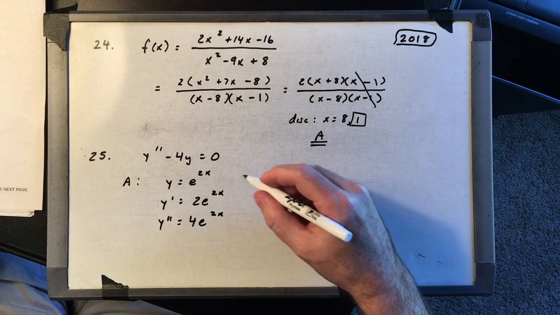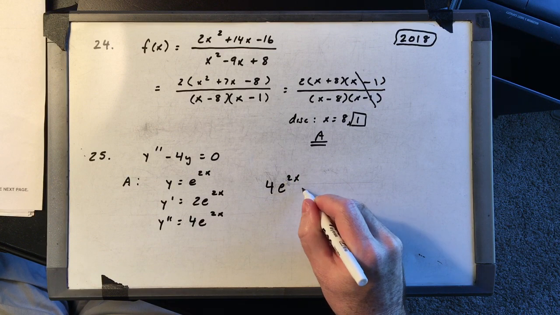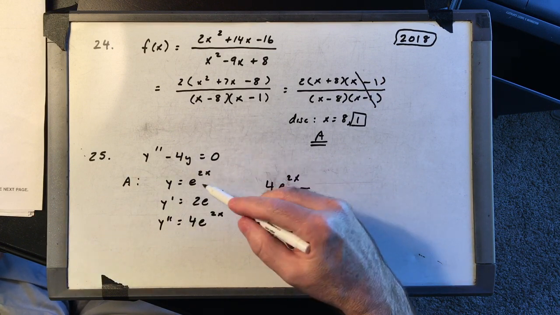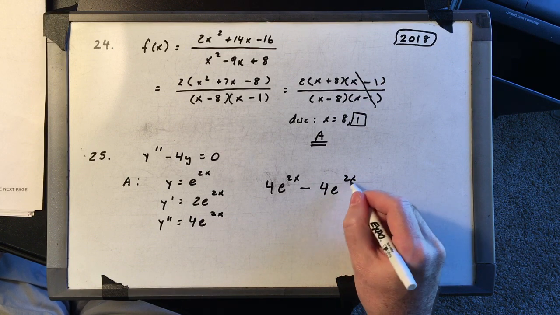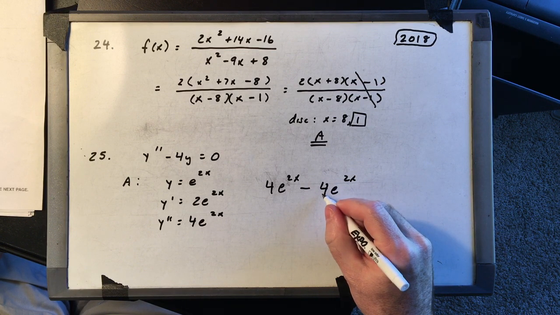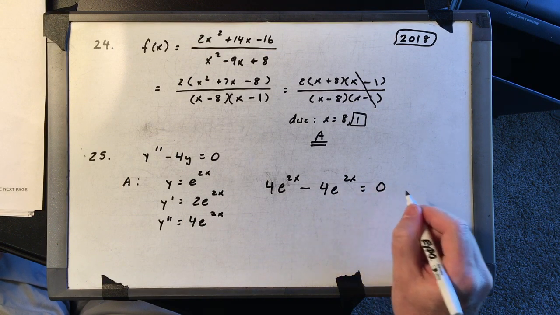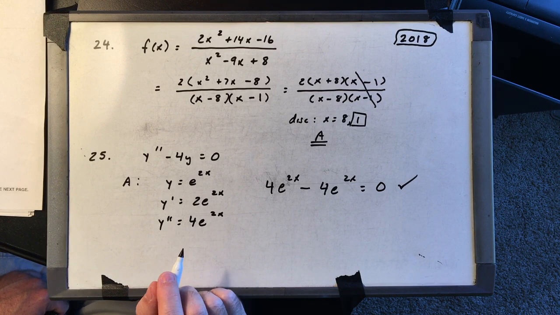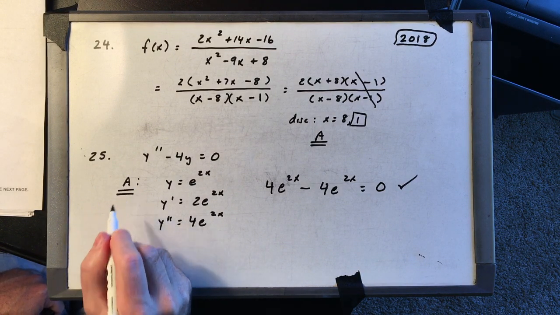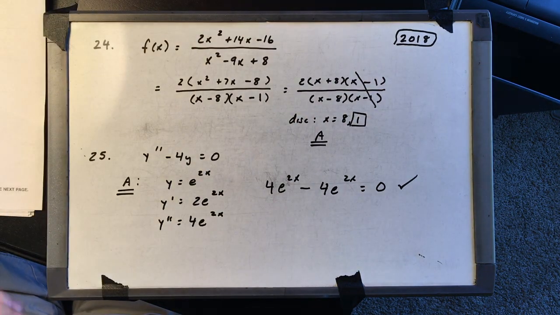For y double prime, you'd have 4e to the 2x, and minus 4 times y is minus 4e to the 2x, because e to the 2x is y. And that does equal 0. So we don't have to look at options B, C, or D. Option A did it. Isn't that great when it works out to be option A? When it's option D, you've got to work through all of them.